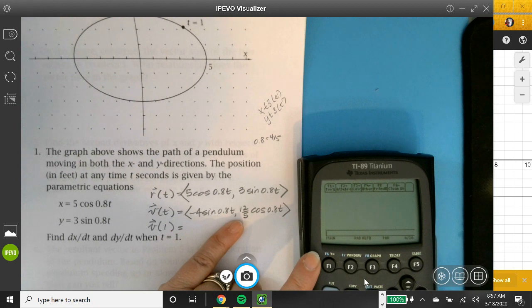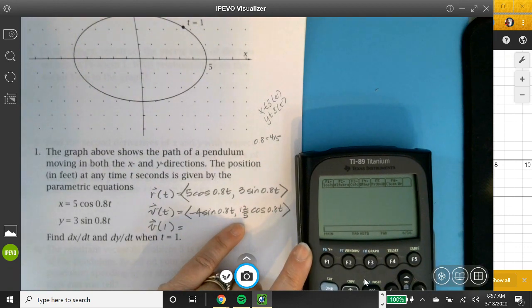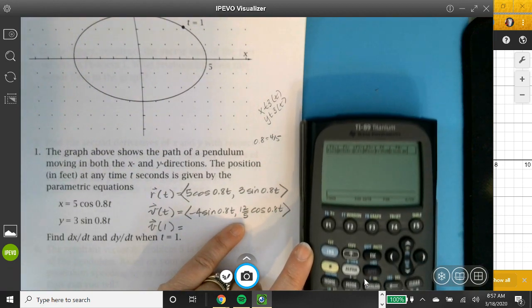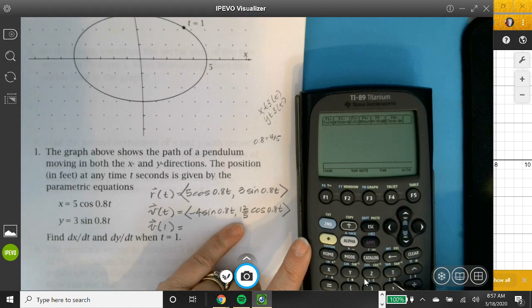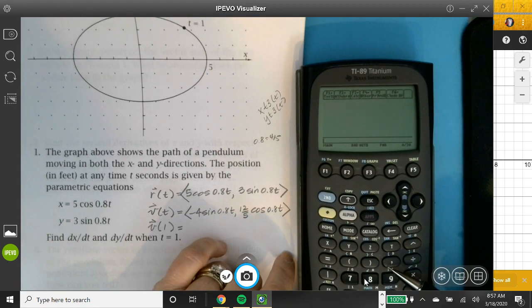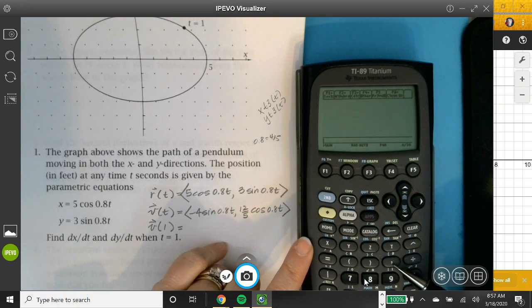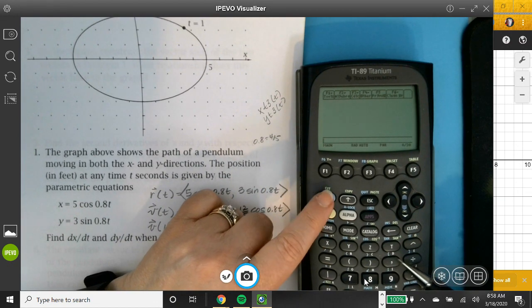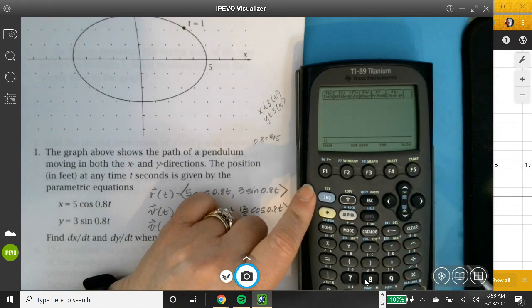And how do we enter vectors in the calculator? This is a very quick lesson on how to enter vectors in the calculator. I want you to notice these brackets up here above the comma and the divide bar. Do you see this is a closed bracket? So to do a vector, you just do second closed bracket because they don't have the angular brackets on here.